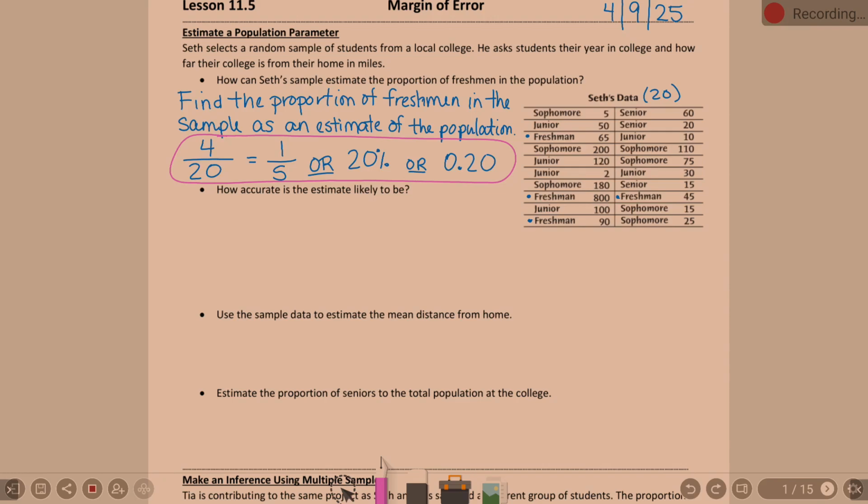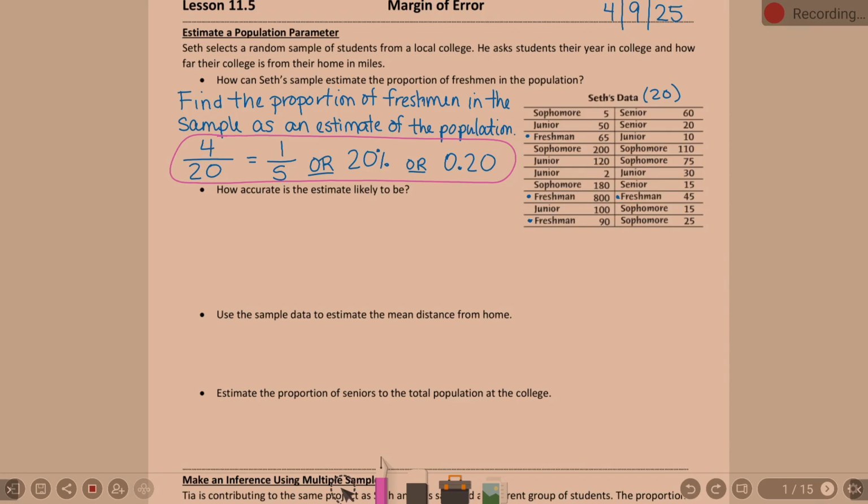What about 20 out of a couple thousand students? That's like saying we're just going to survey this class of 12 students out of the whole school. That's a very small portion. So what I'm trying to get to here is that the larger the sample size, the more accurate that sample is going to be in representing the population.